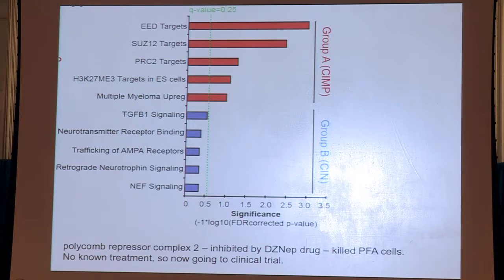The interesting thing about that is that there's no known targeted therapy for this disease, so there's just surgery and radiation treatment. So because it would be the first potential targeted therapy, they can just try it right away in clinical trials. So that's the best result that we've had in terms of trying to gain mechanistic understanding of some genomics data sets.